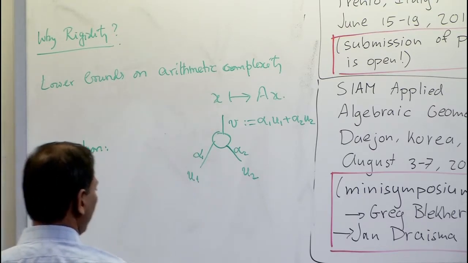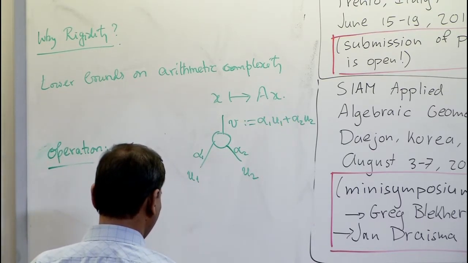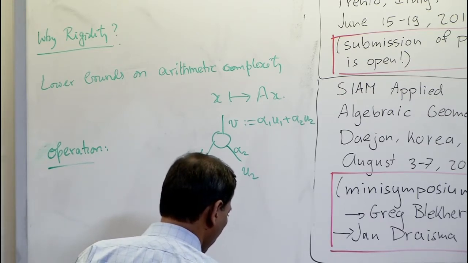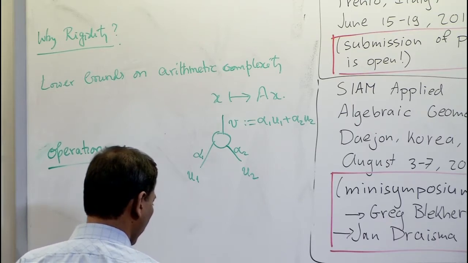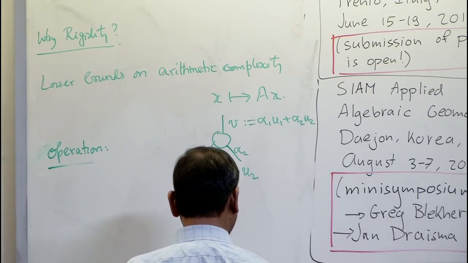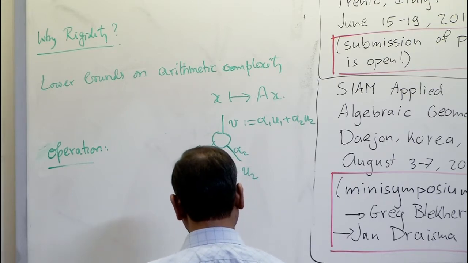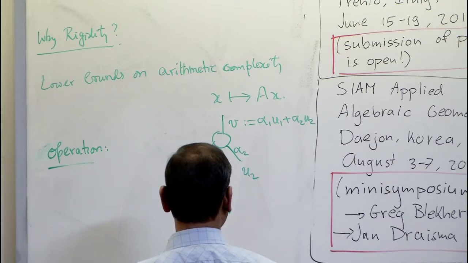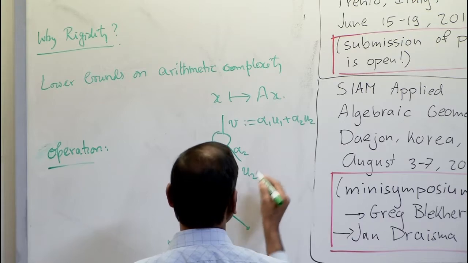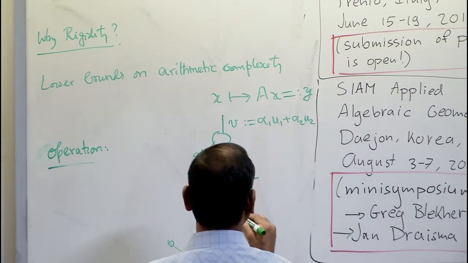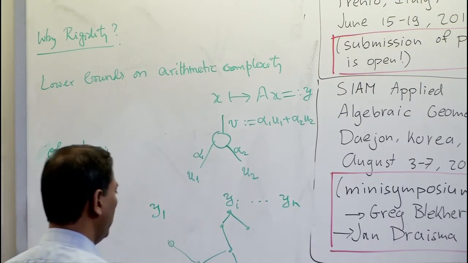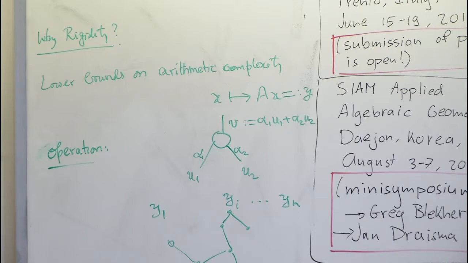So in order to compute this linear transformation given by A, you start with your input vector x1 to xn, then take linear combinations of a bunch of those, and take linear combinations of those, and so on. And eventually you will get your y's. So that's a circuit.